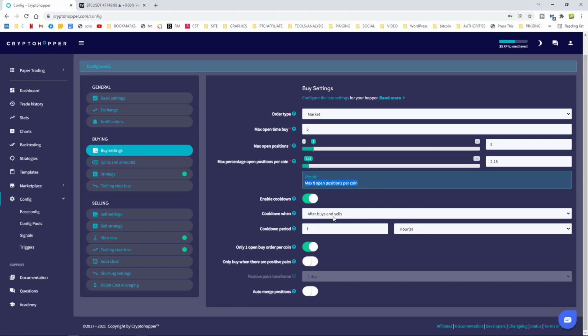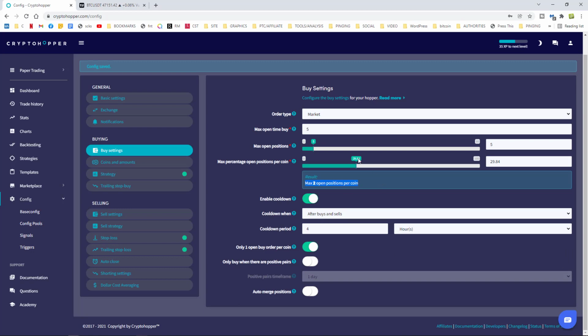Okay, so basically if you were to have this set to 2, so it can have 2 positions of Bitcoin, it wouldn't buy them within the same hour. Alright, so if you set that to 4 hours, it would only open a second position of Bitcoin after 4 hours of buying the first position.